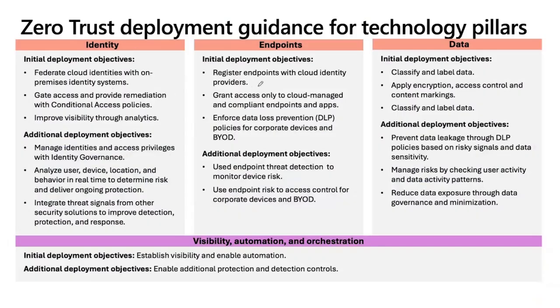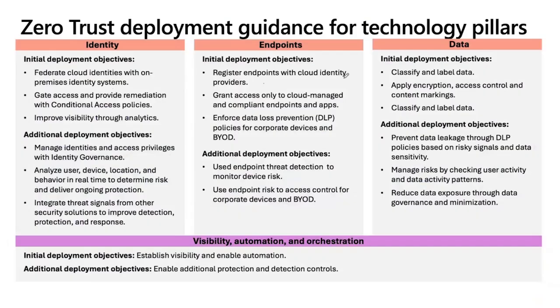Then we have endpoints. In endpoints, we have the option to register the endpoints to the cloud identity provider, and we can control and manage those devices. If the devices are compliant, then only data access will be granted.